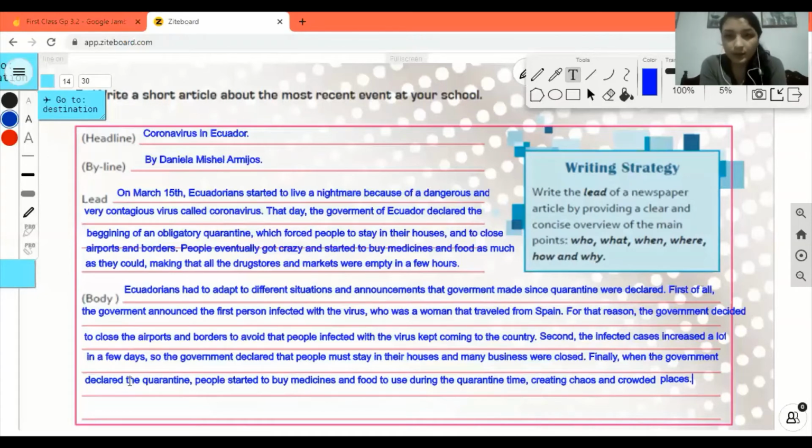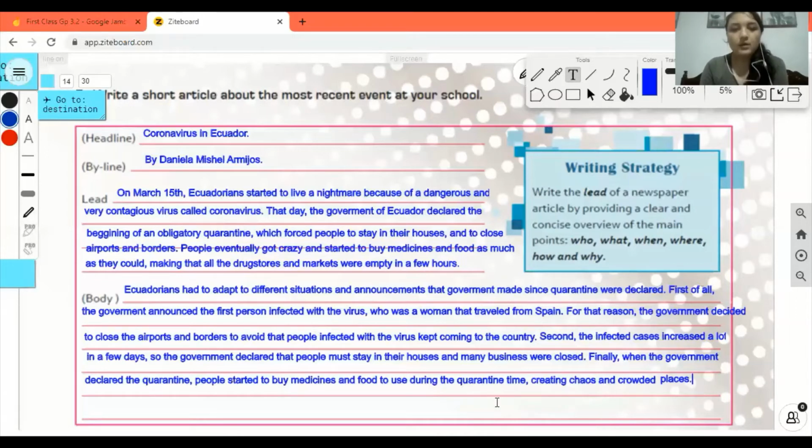If you have any doubt before starting to write your own articles, let me know. Also, if you want to take a photo of this example, I am going to show it while you are writing your own articles, but just in case you want to review later, you can take a photo or a screenshot of this part.